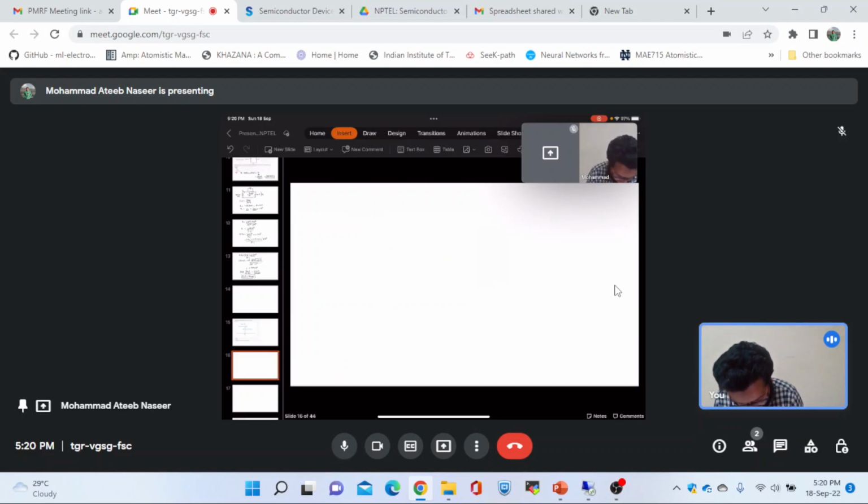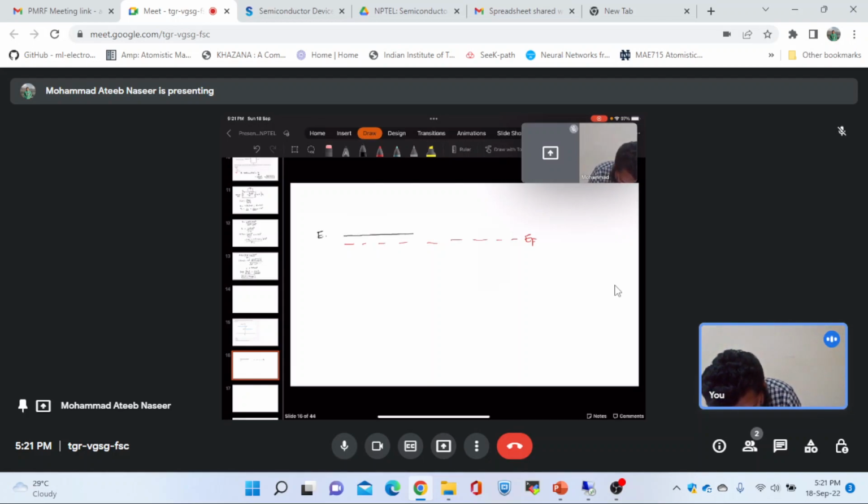So if I draw the Fermi level first, on this side we will be having the Fermi level closer, and on this side it will be a bit far.